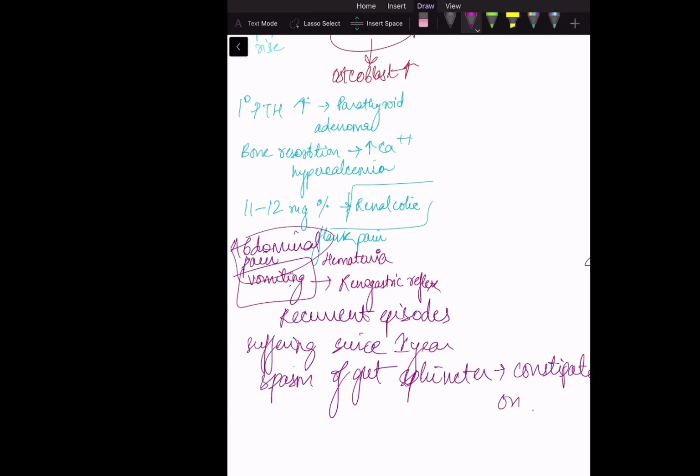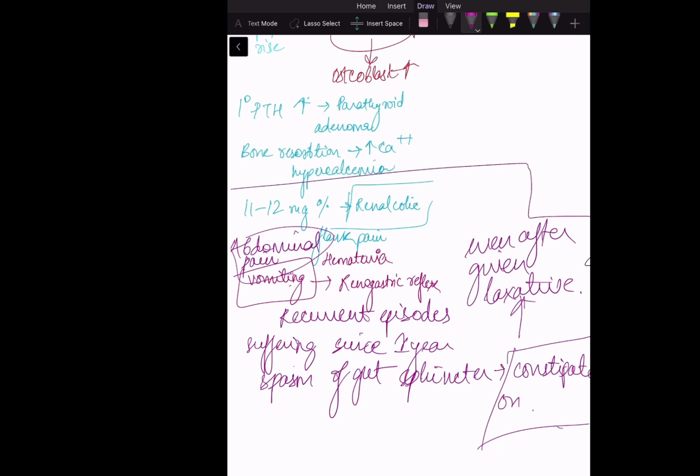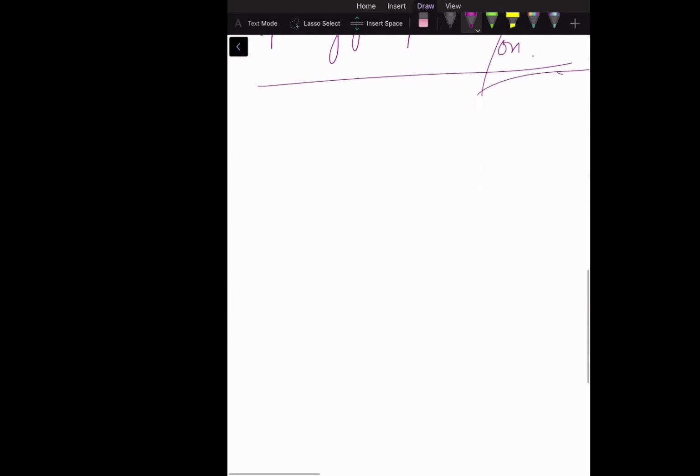Constipation happens even after giving laxatives. Even if you give the person laxatives to treat it, it won't stop. Then you should understand it's renal colic. These are all the symptoms.